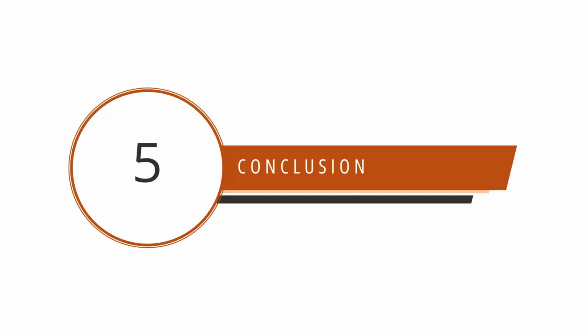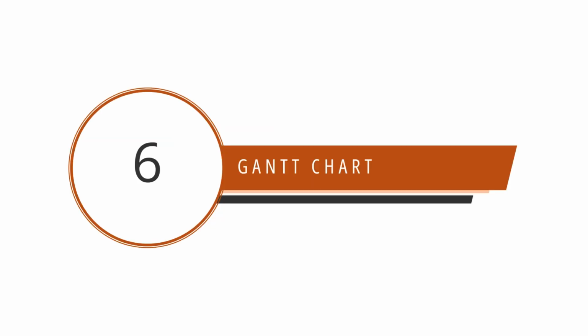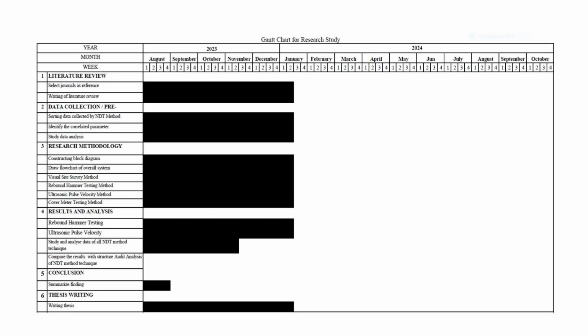Okay, this is our conclusion. The expected outcome of this research will be to determine the technical condition of the reservoir water tank and provide guidelines on how to repair and strengthen the structure using the NDT methods. So this is our Gantt chart for the research study.